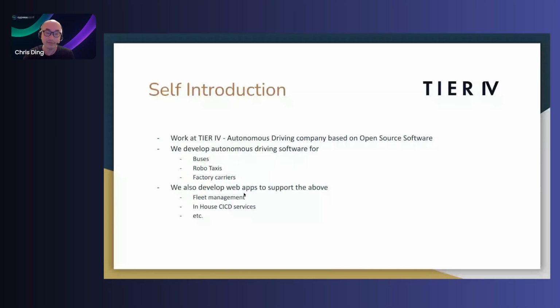So for example, we have a fleet management system to support the operations of the autonomous driving software. And we have in-house CI/CD products and services to help build and test the autonomous driving software. So my team is the QA team responsible for the web apps that support the above autonomous driving software development.